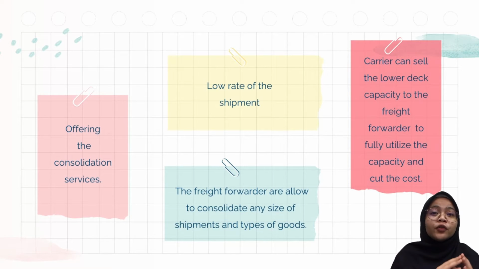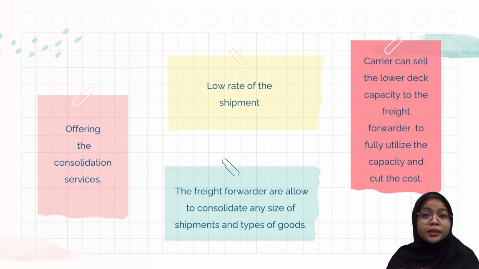So, freight forwarder A can consolidate the shipment with freight forwarder B to make it fully utilized. At the same time, it can cut the cost of the shipment. In addition, the rate of the shipment can also be reduced. The freight forwarder can consolidate their shipment and fill the capacity with the rate that has been given by the carrier. So, it is one of the advantages of using low-cost carrier.